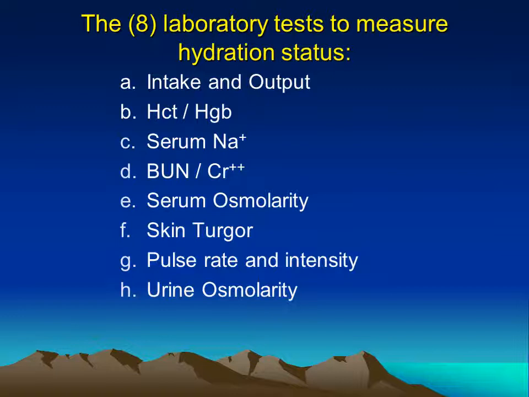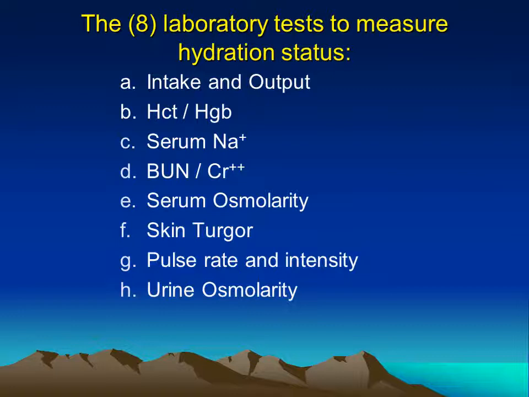The first one and easiest at the bedside is the intake and output, as we have previously covered. The next is hematocrit hemoglobin. Usually hematocrit is 45, somewhere in that area, and hemoglobin usually is around 15.